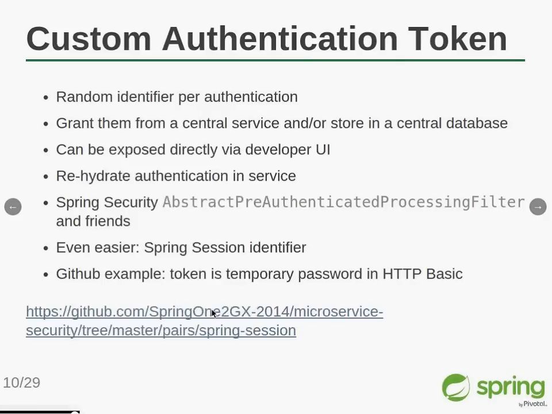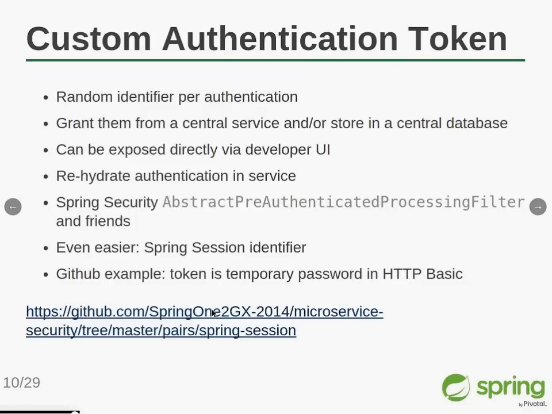Okay, so the next option might be, it's quite common actually to see these custom authentication tokens. Roughly speaking, we're talking about header-based authentication if you're doing it right over HTTPS.